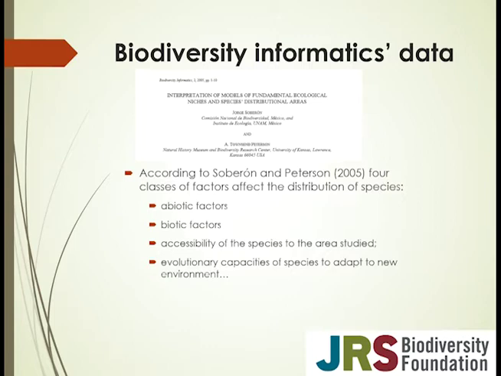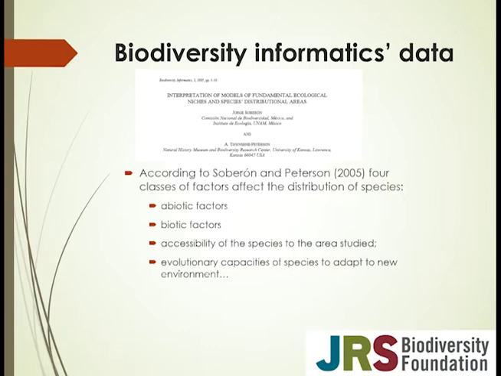According to them, four classes of factors affect the distribution of a species. We have abiotic factors, in terms of climate, topography, soils, etc. We have also biotic factors such as interaction between species.